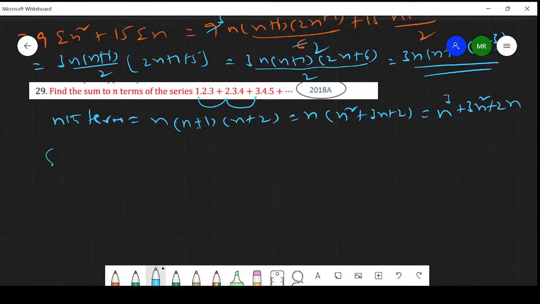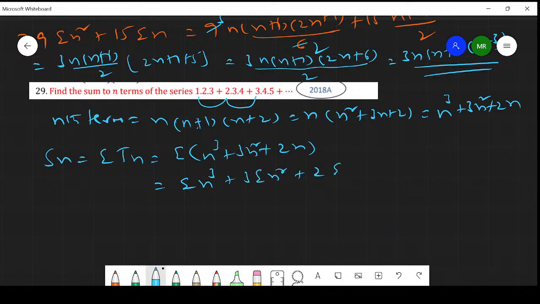Applying sigma, Sn is equal to sigma Tn, the nth term, sigma of n cube plus 3n square plus 2n. Applying sigma: sigma n cube plus 3 into sigma n square plus 2 into sigma n.